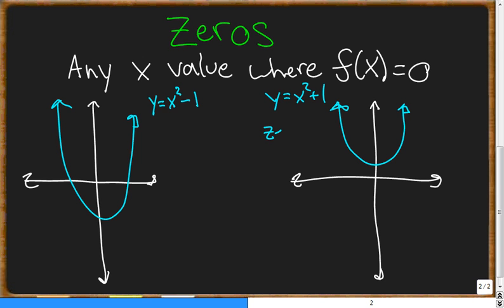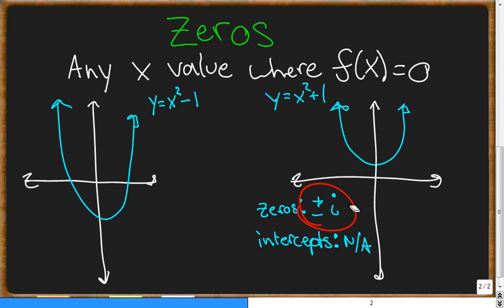Our zeros for y equals x squared plus 1 are going to be plus and minus i. But we don't have any intercepts, because it doesn't actually intercept the x-axis at all. You can see it does not touch. So it's not an intercept, but it does have zeros. Both these values will make our equation work.